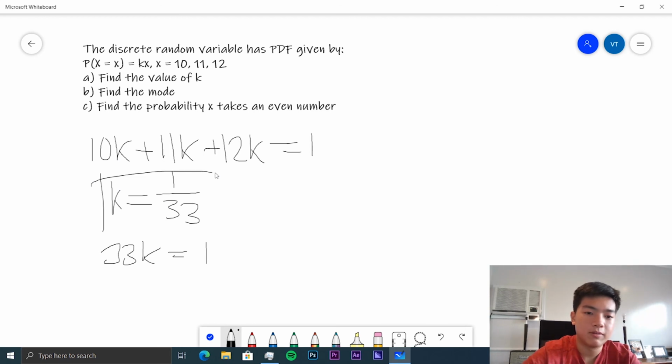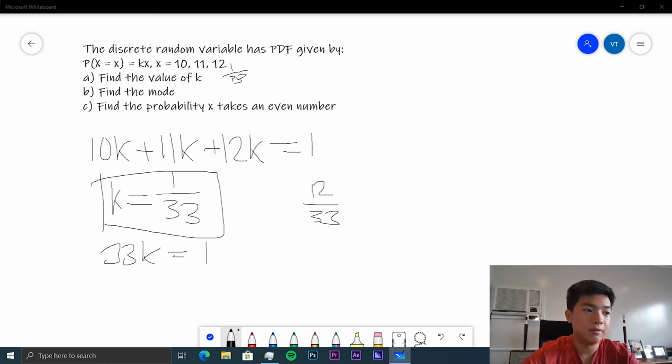So that's k. The mode is going to be 12. That's pretty obvious, since 12/33 will be the largest value for the probability. The mode is the discrete value with the largest probability.